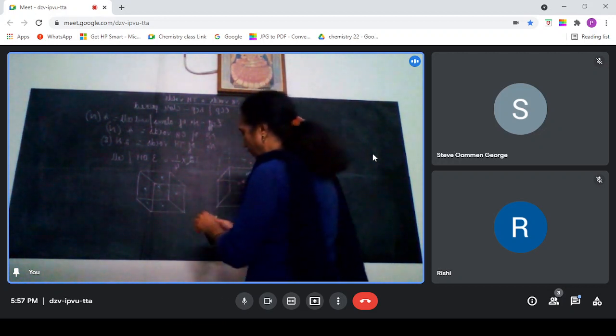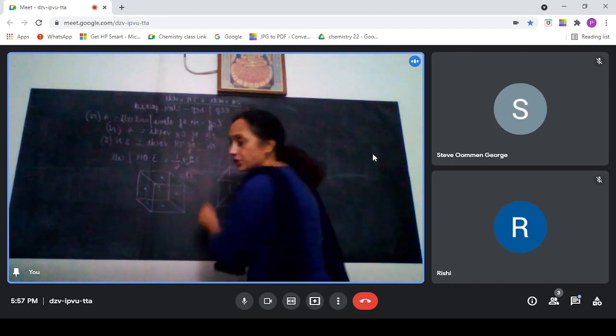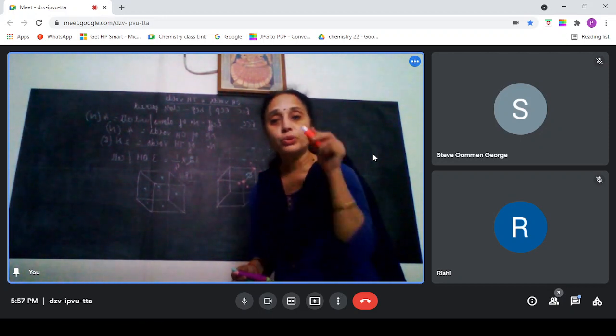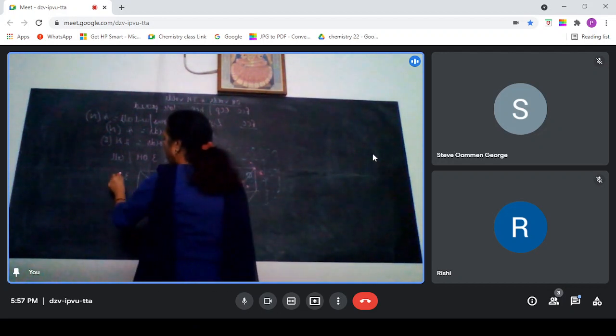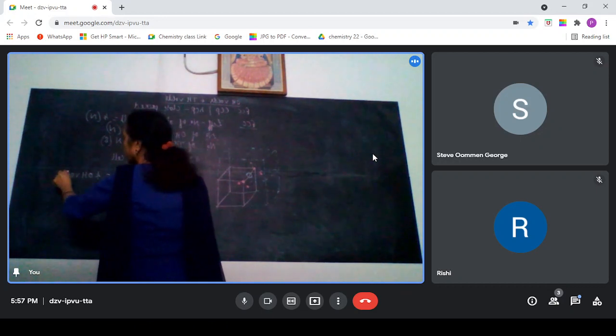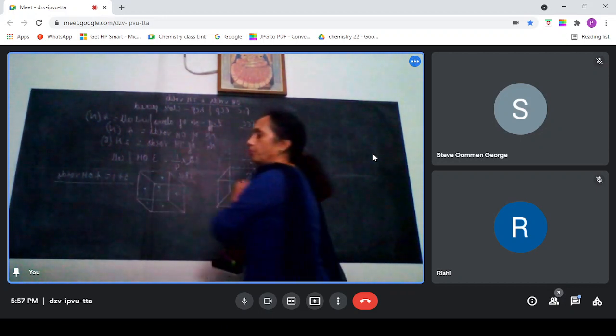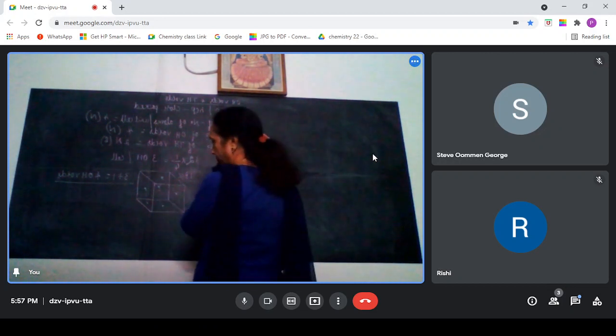So there will be one body centered void which belongs completely to that particular cell. So 3 plus 1, 4 octahedral voids. This is very important. Books have not given this properly, how that is actually created.